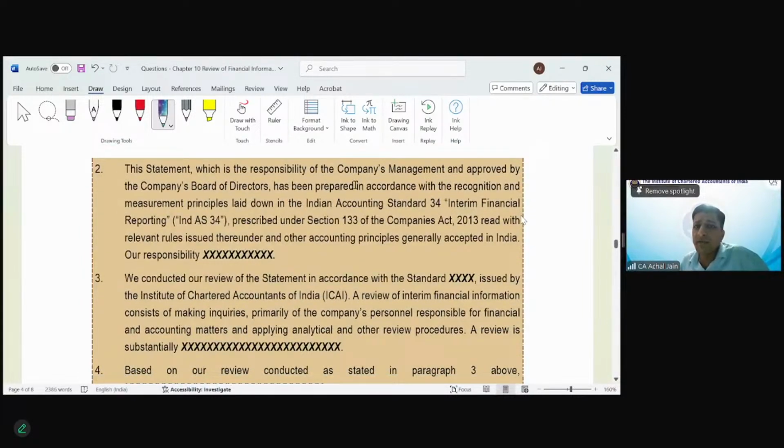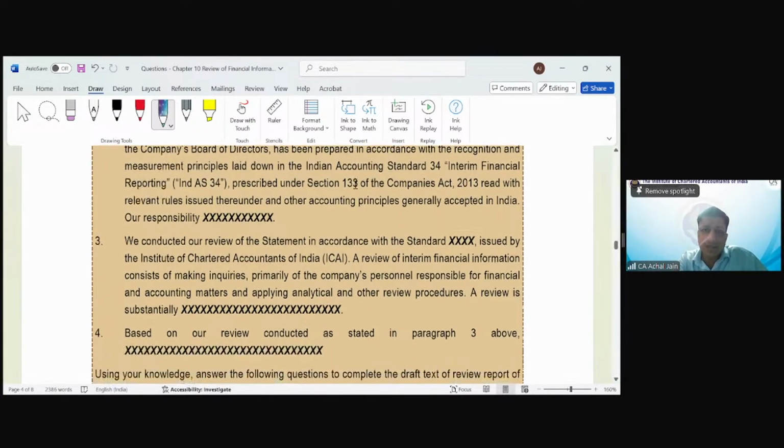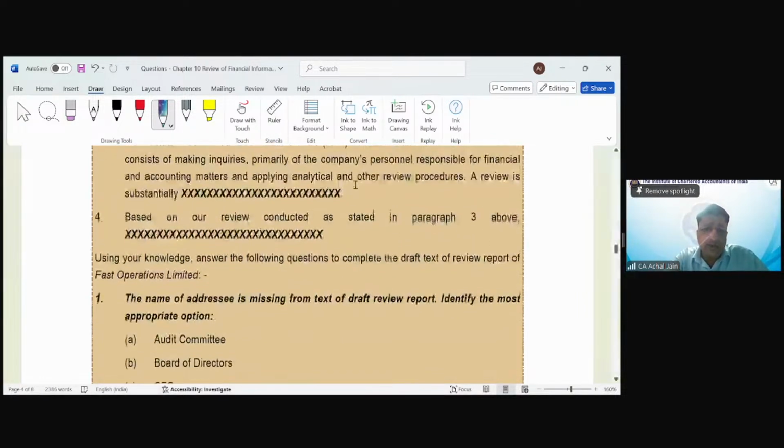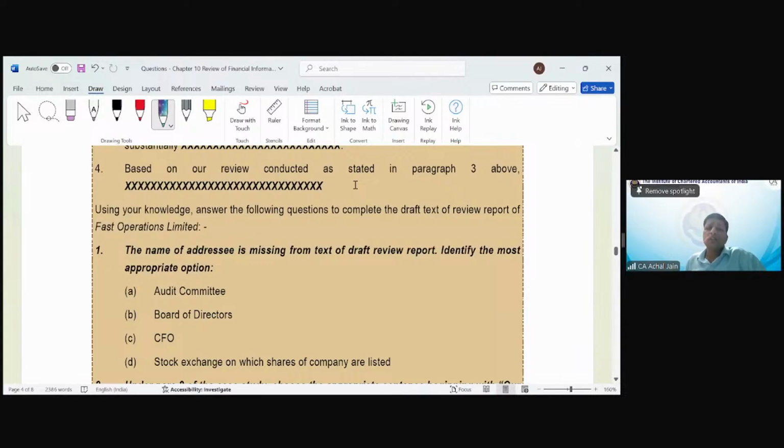The statement is the responsibility of the company's management, approved by the board of directors, and prepared in accordance with Ind AS. Then our responsibility is not explained. We conducted our review of the statement in accordance with the standard issued by ICAI. Then they explain about the review, and that detailed para is also included. Based on our review, some sort of conclusion is included. Using your knowledge, answer the following questions to complete the draft text of the review report.